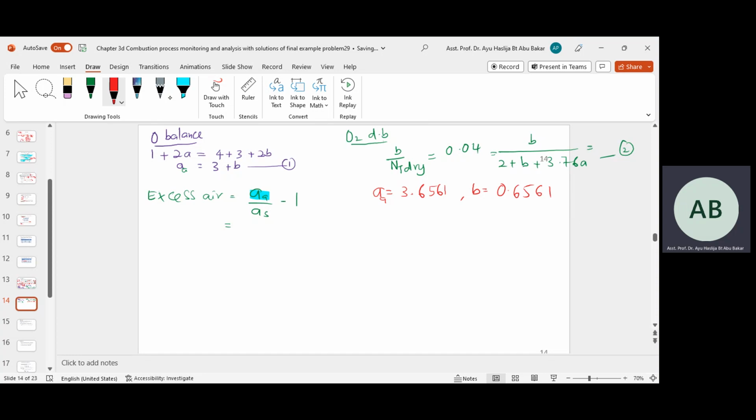So to find the excess air, input the A actual over the AS, which is 3, minus 1, so you will get roughly around 20%.